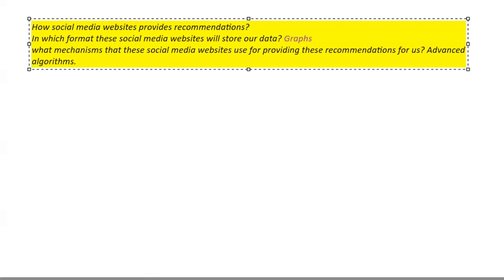You can assume a node is a particular user's data. So by using some advanced algorithms, these websites can find the relationship between any two new accounts, that is, any two new nodes. Then they provide you the suggestion.